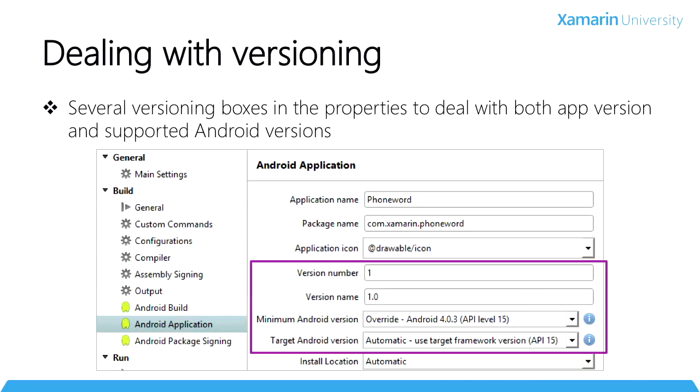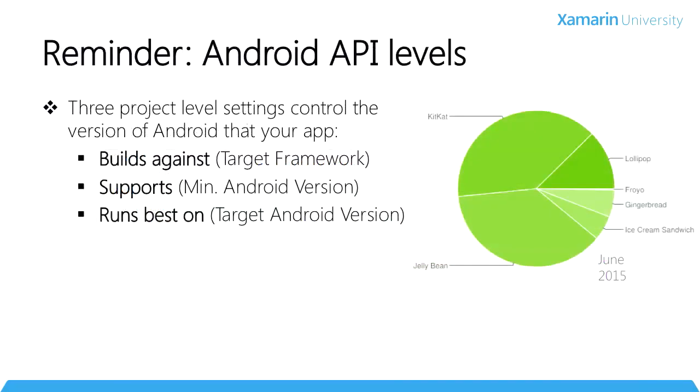This is actually not such an easy topic. We're going to cover it in the next slides. There are 3 types of API levels that we can configure for an Android app. We have seen 2 of them in the application settings. That's the minimum Android version and the target Android version. So let's discuss these 2 first.